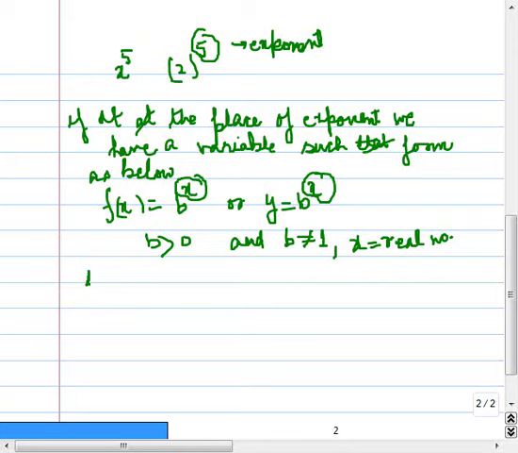Then f(x) is called exponential function.